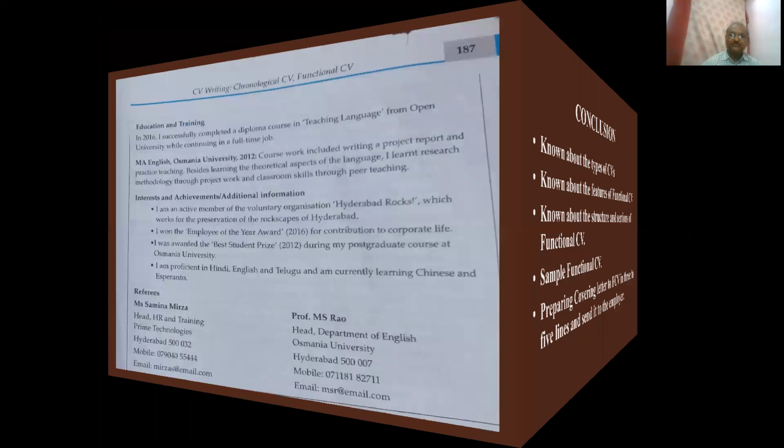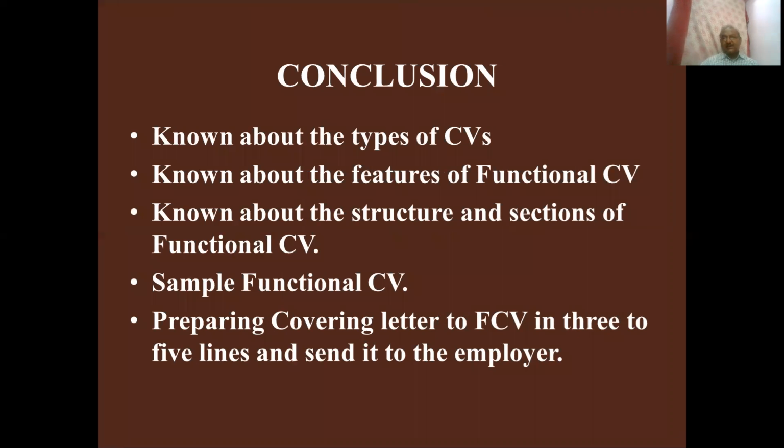Next, we'll come to the conclusion. So this is all about the types of CVs. We have known very clearly what the types of CVs are. There are 7 types of CVs. The first one is the chronological CV. The second one is the functional CV. Then there are the targeted CV, mini CV, and compiled profile. So all 7 types are there.